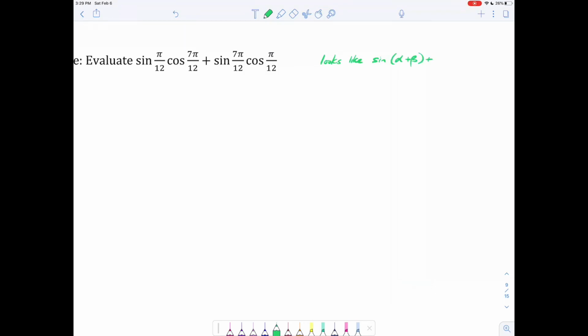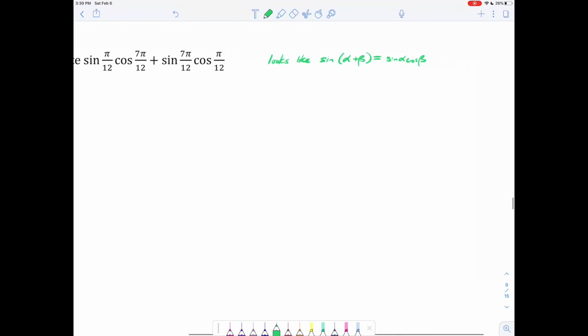Sine of alpha plus beta is equal to sine alpha cos beta plus sine beta cos alpha. So that's what I'll be using. And I will be replacing all my alphas with pi over 12s.